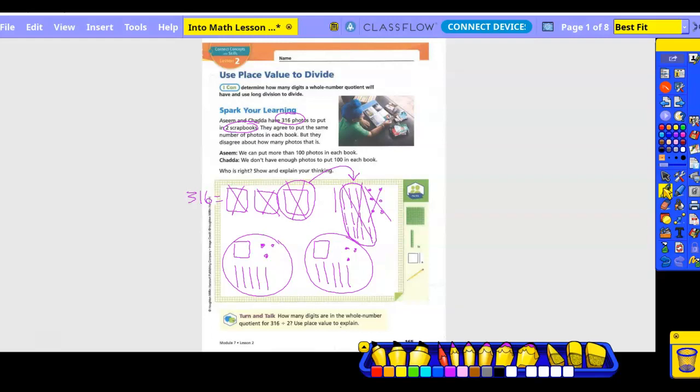Once again, I still have that long, but I only have 1. So I'm going to have to do what with it? Break it apart. So I'm going to circle it, draw an arrow over here to say that I'm regrouping it into the ones. And then I'm going to draw 1, 2, 3, 4, 5, 6, 7, 8, 9, 10.